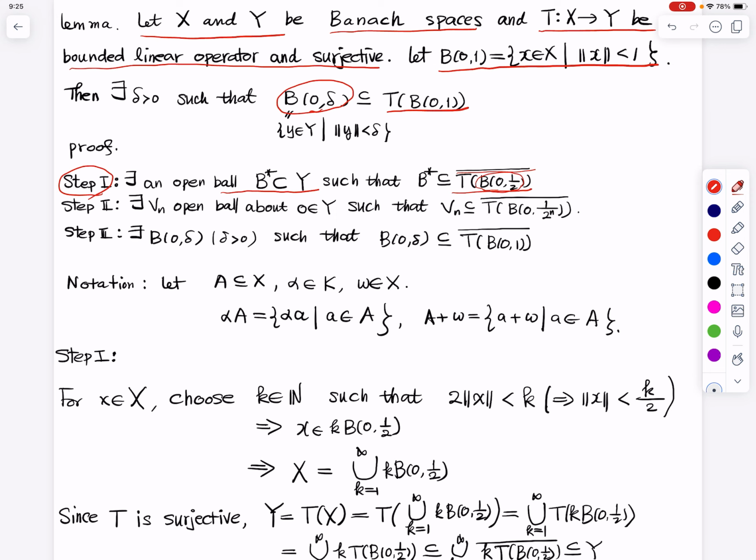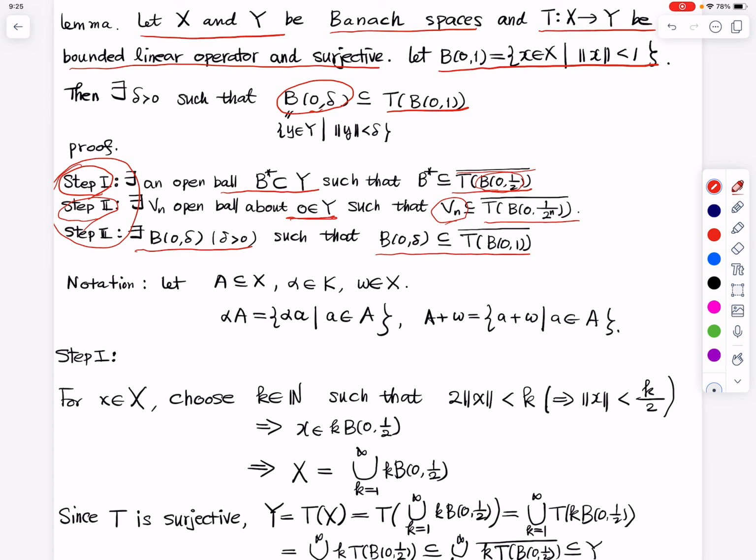Then in step 2, we take the image of B(0, 1/2^n), its closure, and this one also has an open ball around 0. And then finally, we can find delta so that B(0, delta) is contained in the closure of T(B(0, 1)). So we have 3 steps.